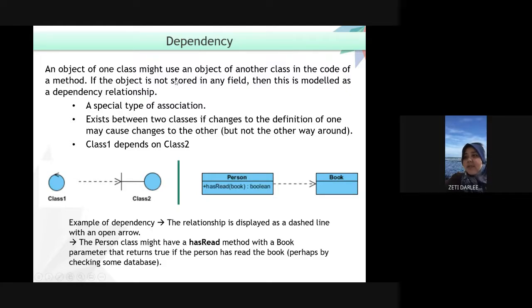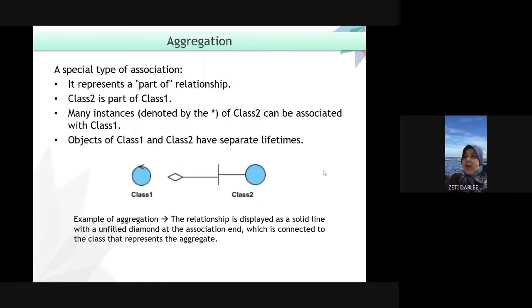So that is dependence: class 1 depends on class 2. For example, a person depends on the books that they borrow, or the books that they read. That can also be captured in UML.